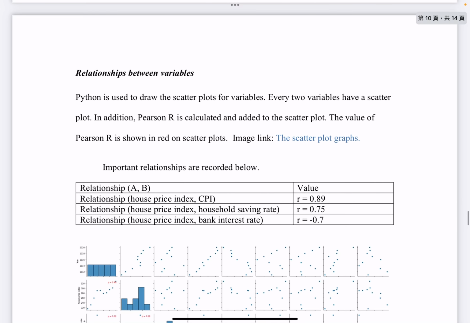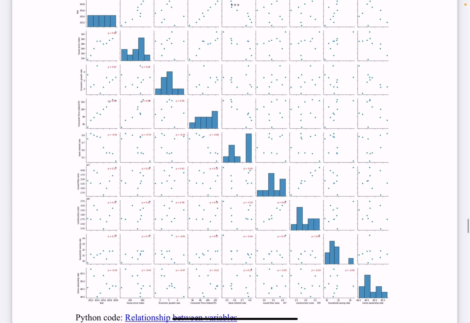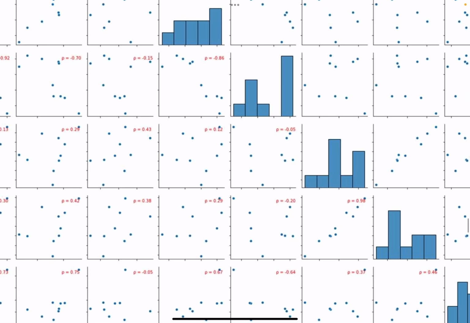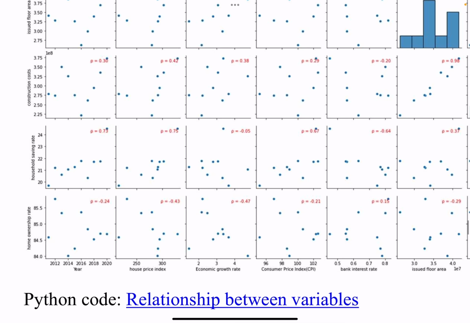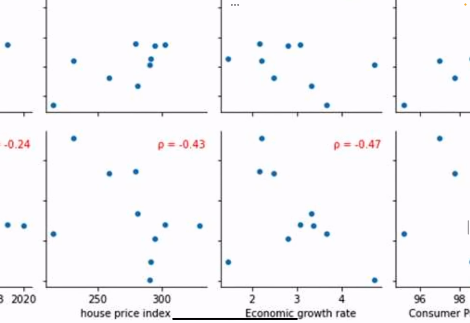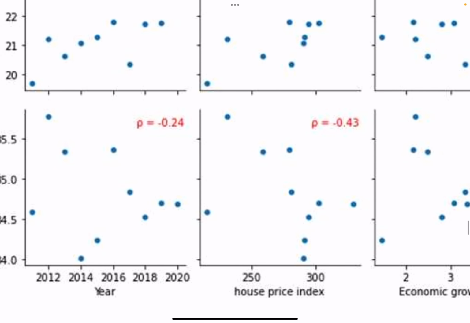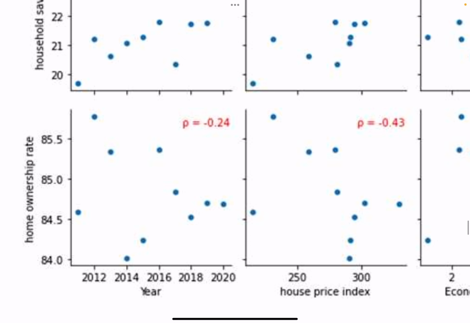Then let's talk about the relationship between variables. I drew a scatter plot for every two variables. For example, we have house price index plus the home ownership rate.